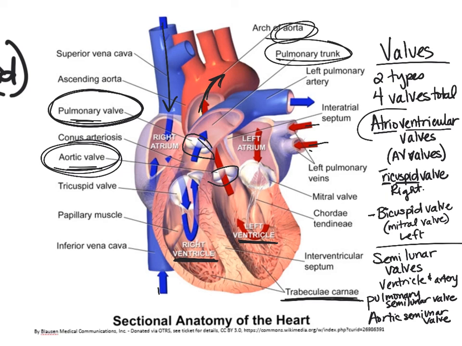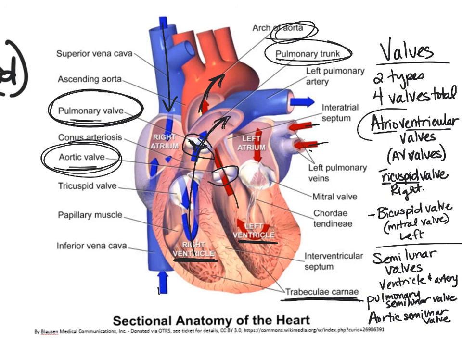And so again, this is going to prevent the backflow of blood. And so when we are going to be pumping the blood out of the left ventricle or pumping blood out of the right ventricle, we are forcing the blood in this direction. And when we force it in that direction, these are semilunar valves, meaning that they have these little flaps of tissue here. They kind of look like moons, semilunar. They are going to push open and allow the blood to go out into the pulmonary trunk.